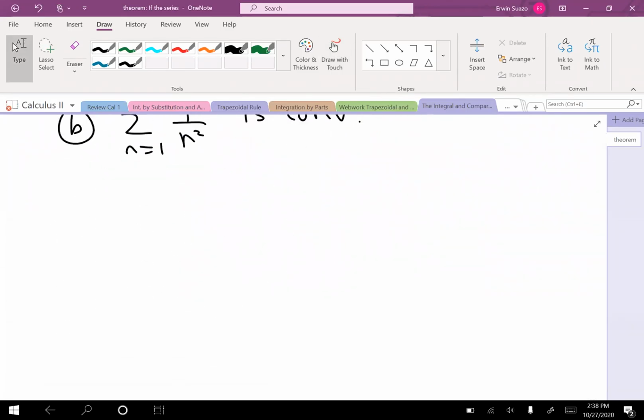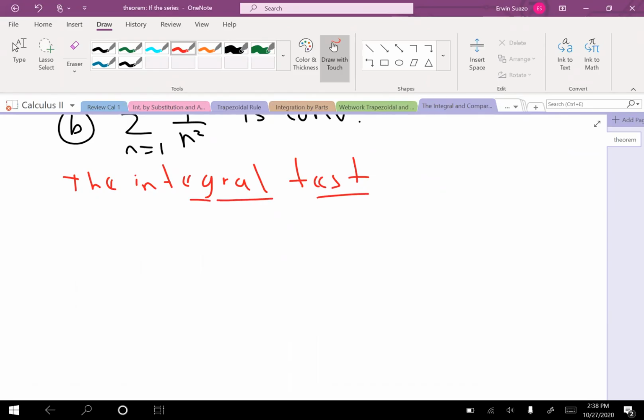So this could be the most important one that we're going to do. The integral test. But it's not that easy, okay? For the integral test, you need 3 requirements. So you need to prove, assume f satisfies the following.